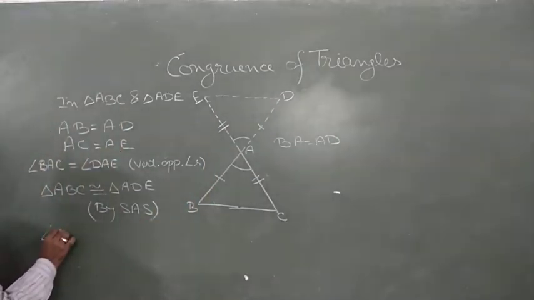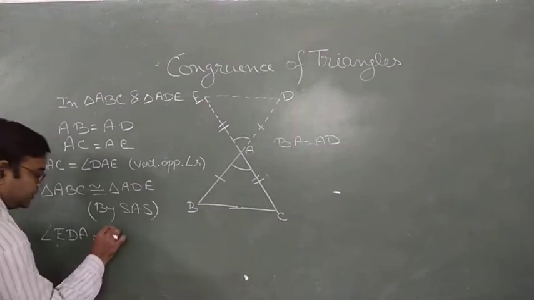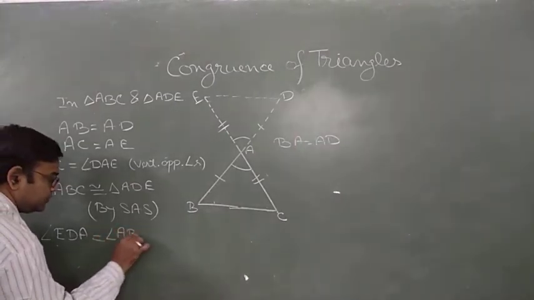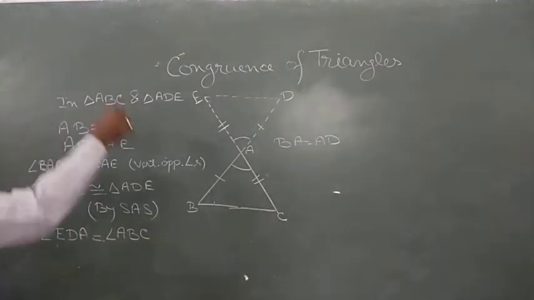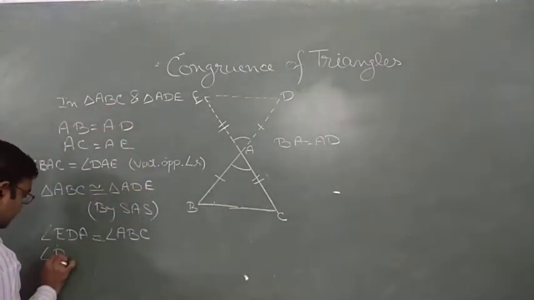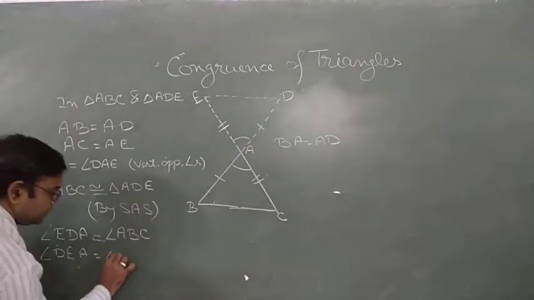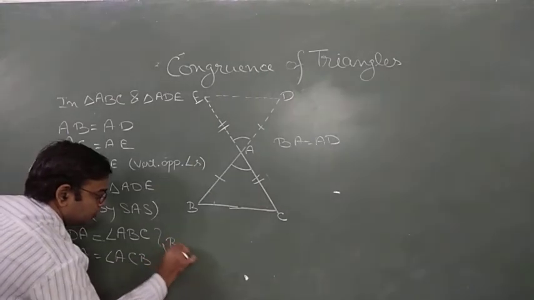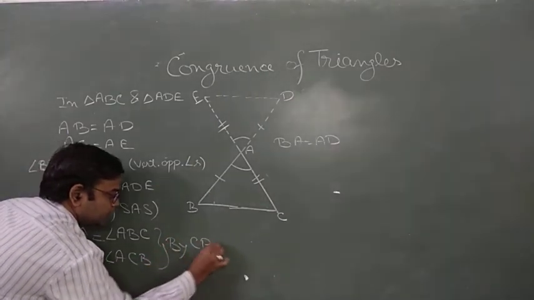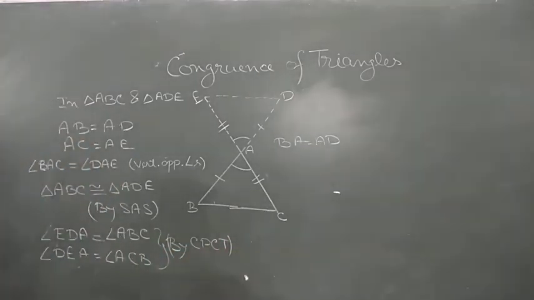Angle EDA equals angle ABC by CPCT, or we can write angle DEA equals angle ACB by the CPCT property. Clear?